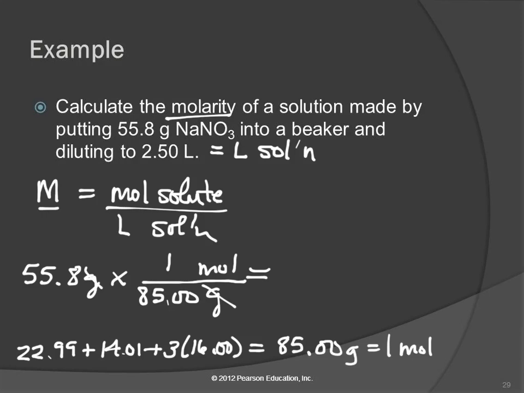So we have 55.8 divided by 85. 0.65. This should have 3 sig figs. I'm going to keep a couple extras. 0.65647 moles. And the 6, the 5, and the 6 are my significant figures.